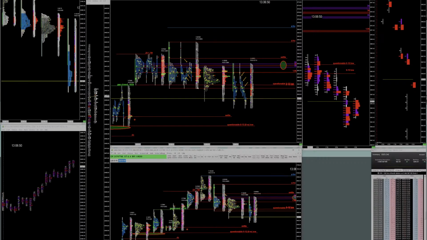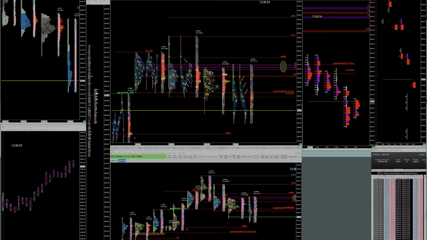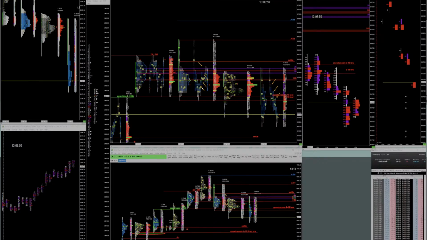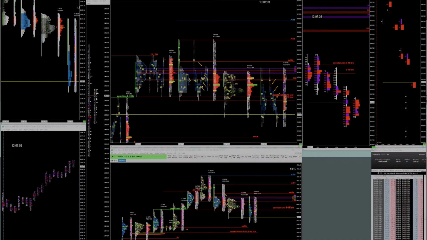And I want to show what happened yesterday. Notice what happened yesterday as the market becomes rotational, how it starts to move, coming from halfback, double lows.